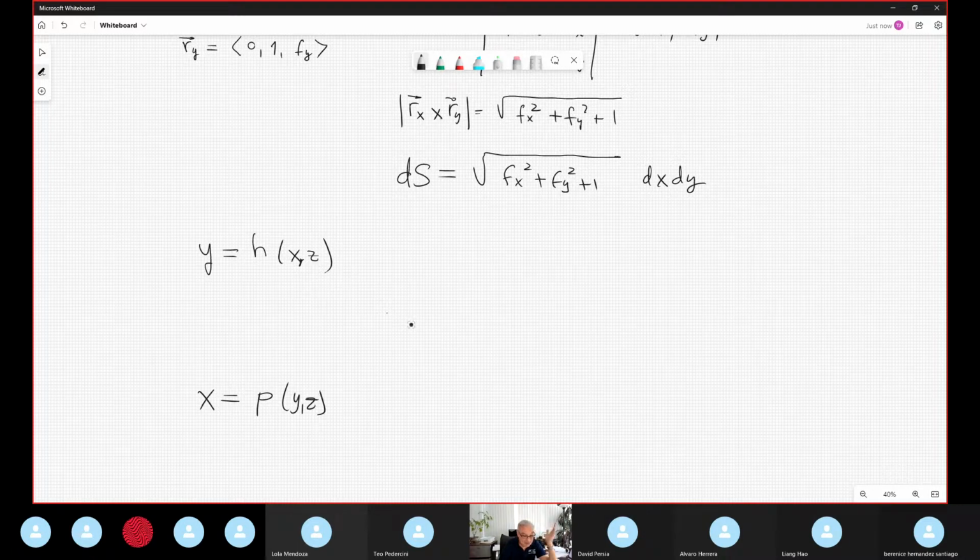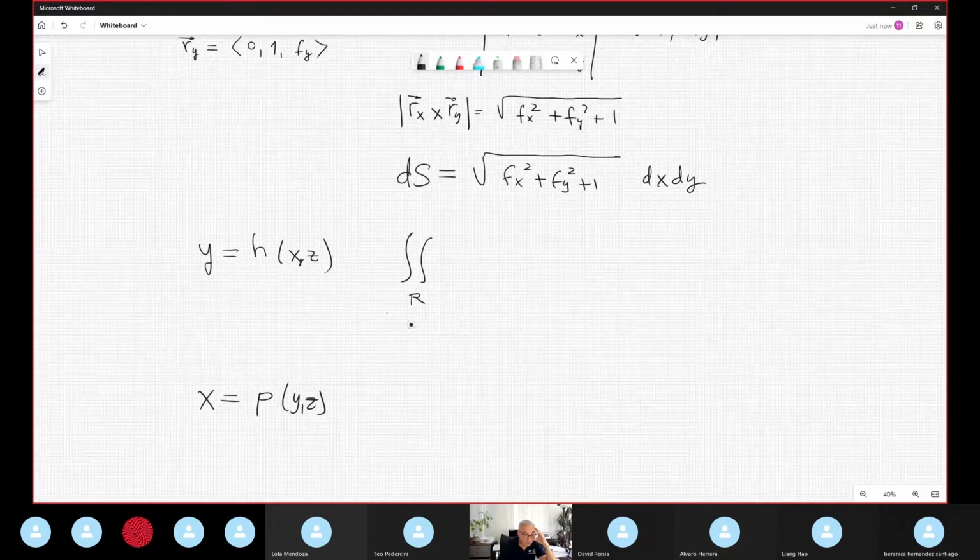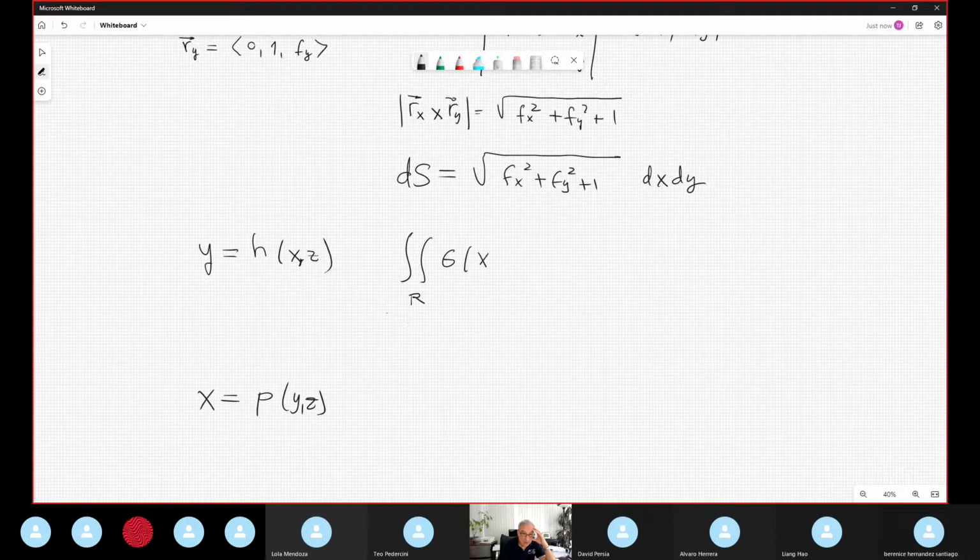Then the formula is similar, except that the surface integral, which I don't want to copy again, is equal to the double integral in the region R. You copy g of x, y, z, with y equal to h(x, z). And dS is the square root of the partial derivative of the function that represents the surface with respect to x squared, plus the partial derivative with respect to z squared, plus 1.